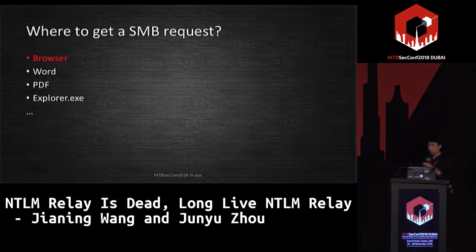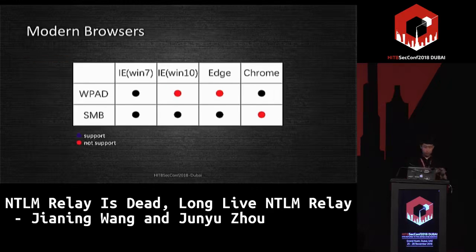Okay, after these two demos, people may ask where to get an SMB request. We can get an SMB request from the browser, from Word, from PDF, from Explorer. And the most common one is the browser. And here is a table that shows whether modern browsers support WPAD or SMB.